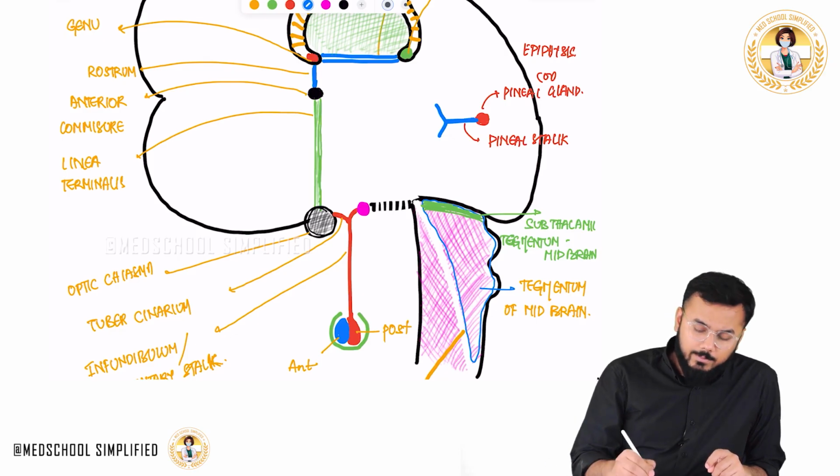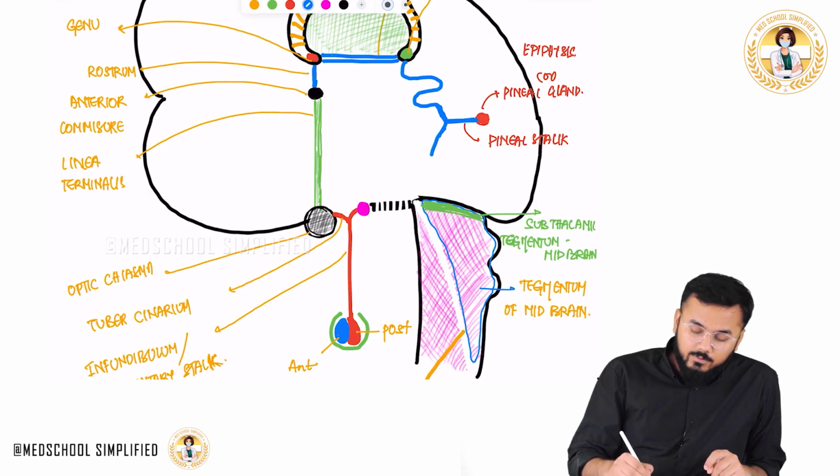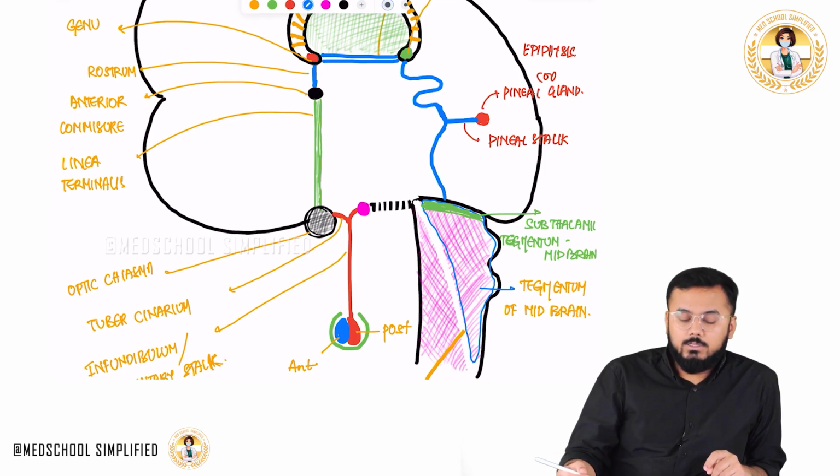Now this superior lamina will take its way like this. It will first go anteriorly forward, then posteriorly backward, again anteriorly forward, and attach here. The inferior lamina will come straight and attach like this.